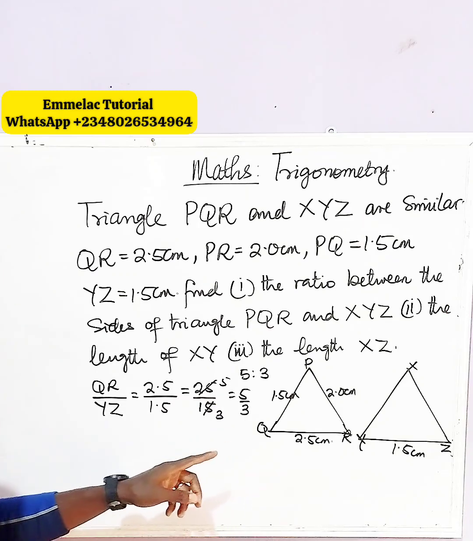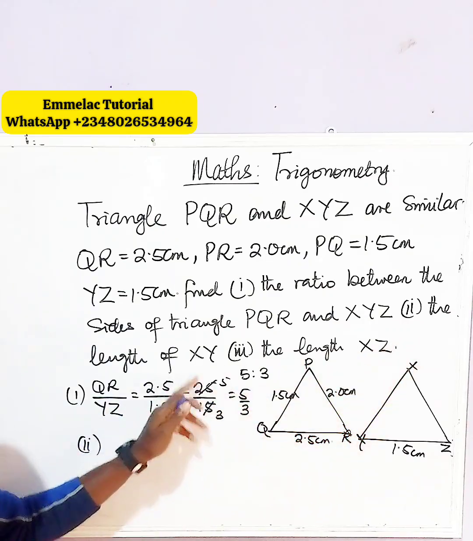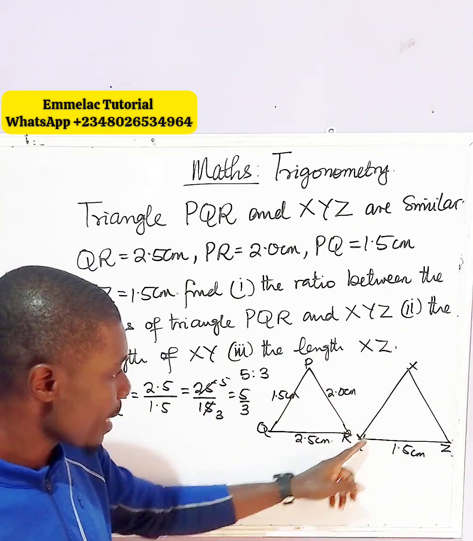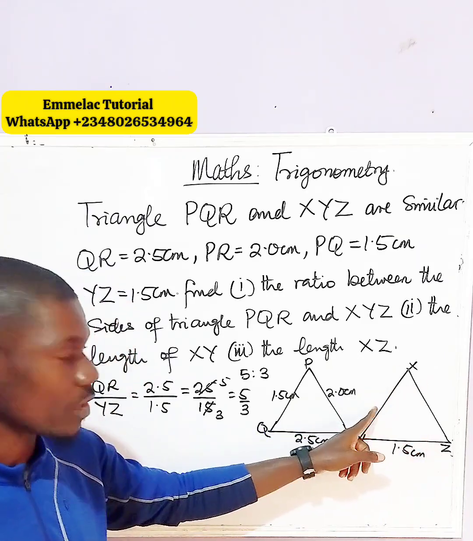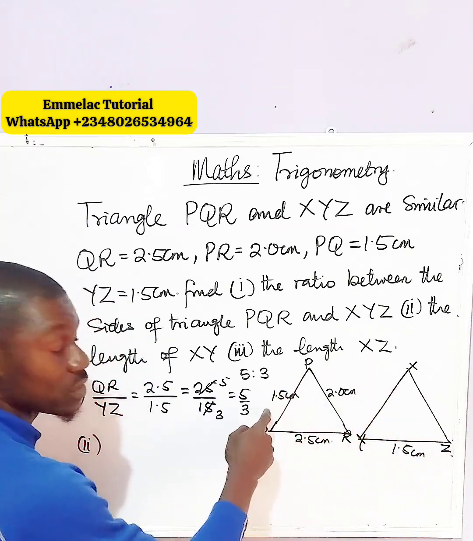The next one now is number 2. This is number 1, then number 2, the length of XY. So this is XY here, and this side should be similar to this side.